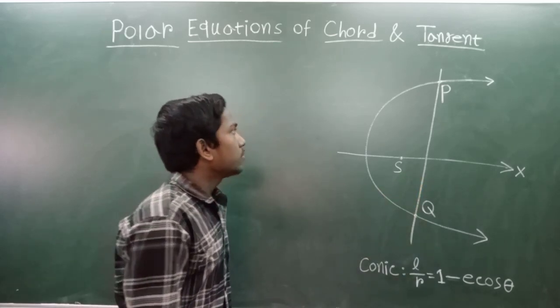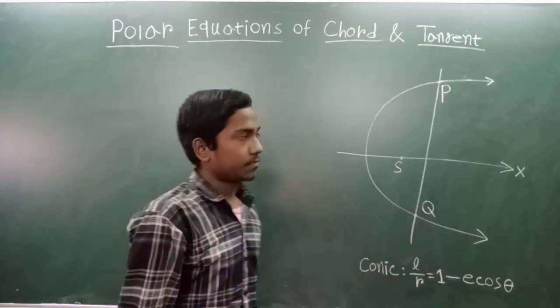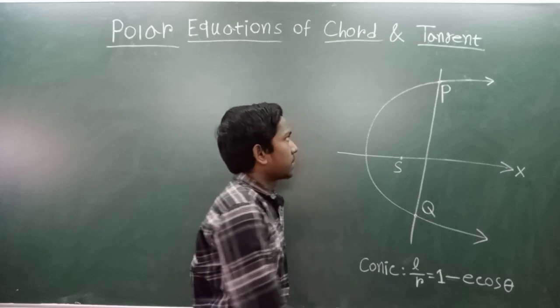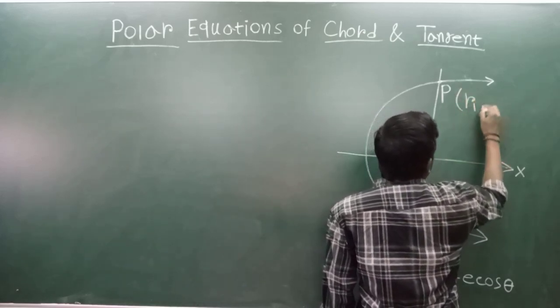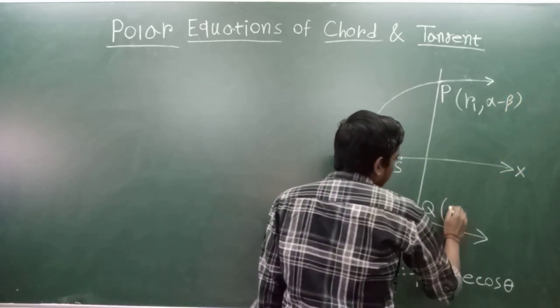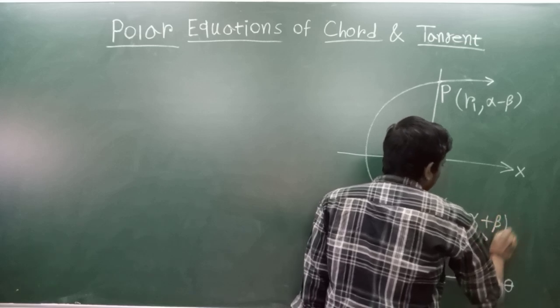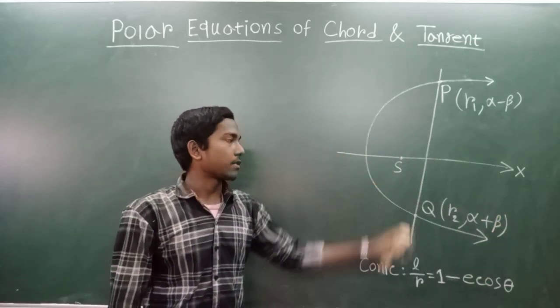Two things are given here, that is, the vectorial angles of these points P and Q: alpha minus beta and alpha plus beta. So let us assume that the coordinates of point P are r1, alpha minus beta, and the coordinates of point Q are r2, alpha plus beta. Now we have to derive the equation of this chord.